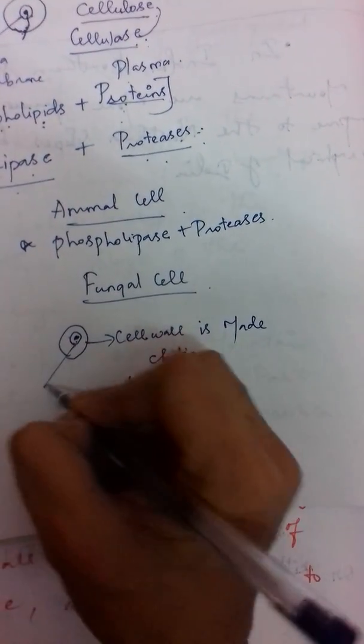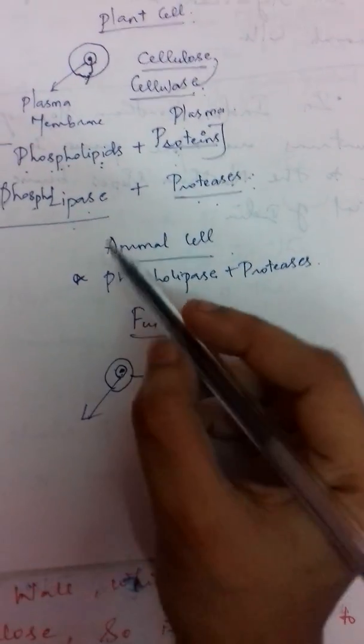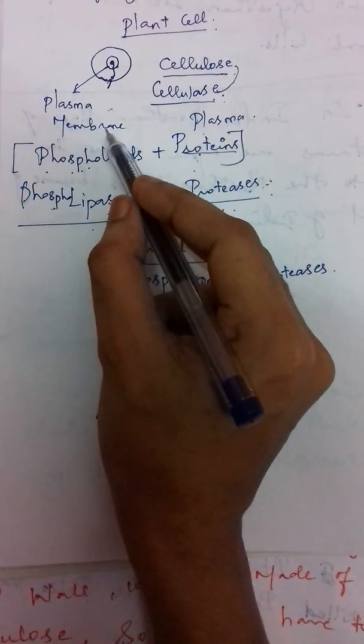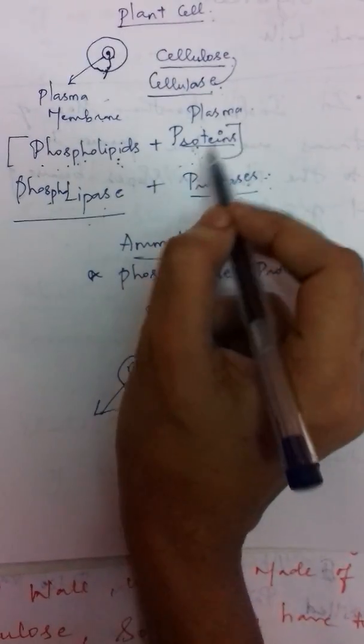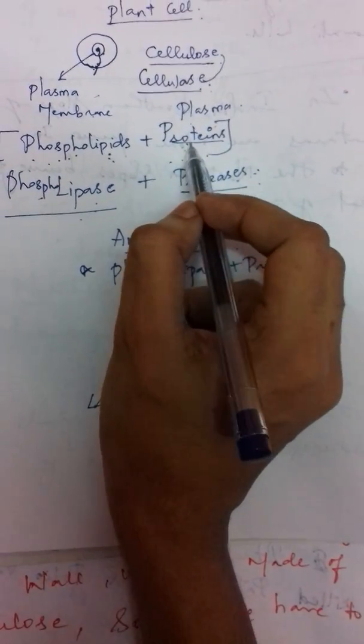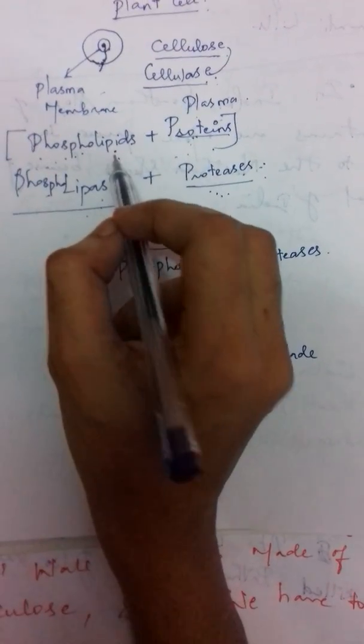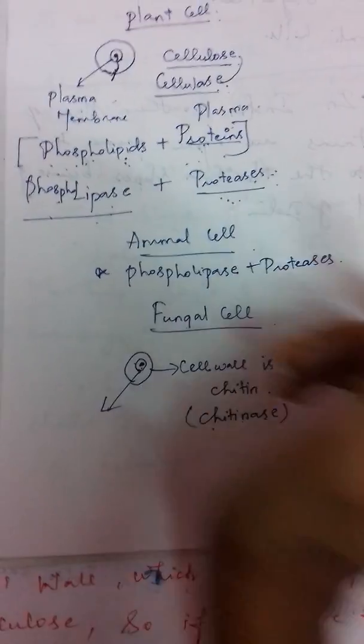And for the plasma membrane, we use phospholipase and proteases, because the plasma membrane is made up of phospholipids plus plasma proteins. To digest proteins we use proteases, and for phospholipids we use phospholipase.